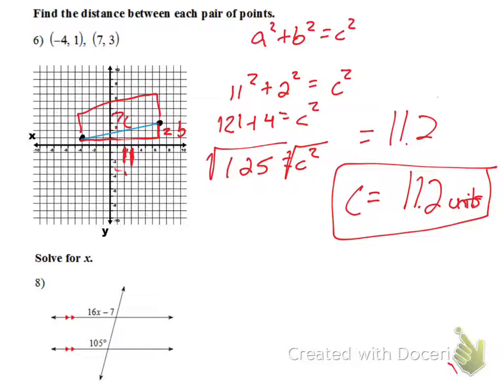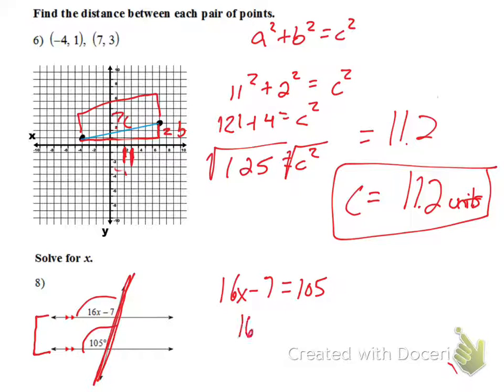All right, solve for x. So this is our transversal right here. And they are corresponding angles, meaning if I took this line right here and moved it on top of here, they're both in the top left. So they're corresponding angles, and corresponding angles are congruent, so they're equal to one another. I would just do 16x minus 7 is equal to 105. 16x would then equal 122, and then 122 divided by 16 is equal to, I'm getting a decimal, but I don't believe I'm supposed to.